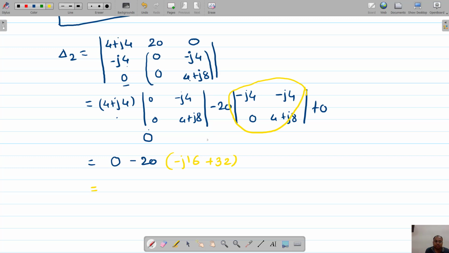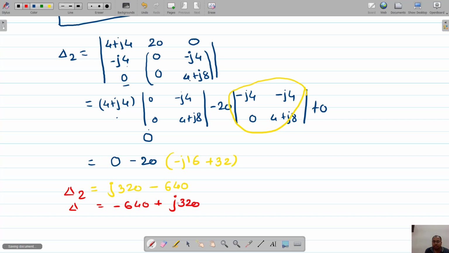Let us do the multiplication inside this bracket. So minus 20 times minus j16, it is going to become plus, right? So j, 16 into 20 is nothing but 320, and minus 32 into 20 is nothing but minus 640. Am I right? I hope it is visible properly. Let me change the color. So delta 2 is nothing but minus 640 plus j320.